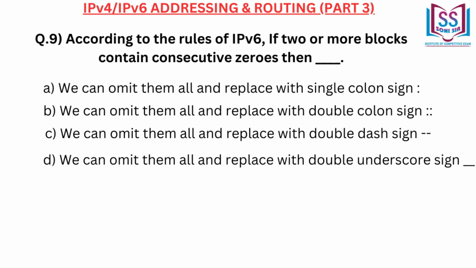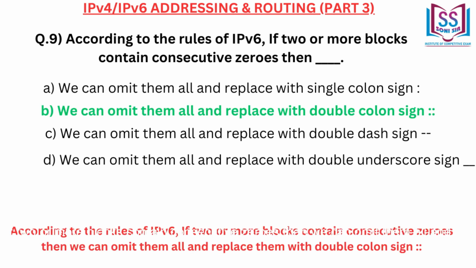D. We can omit them all and replace with double underscore sign. Correct answer B. According to the rules of IPv6, if two or more blocks contain consecutive zeros, then we can omit them all and replace them with double colon sign.